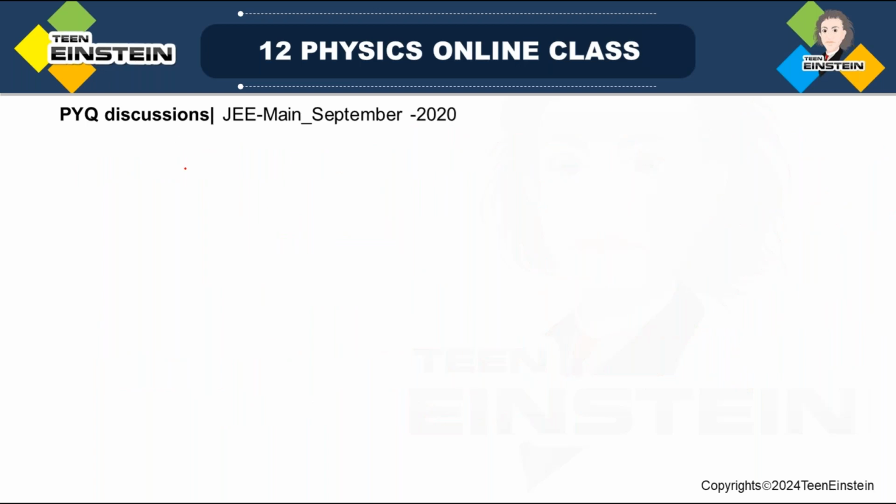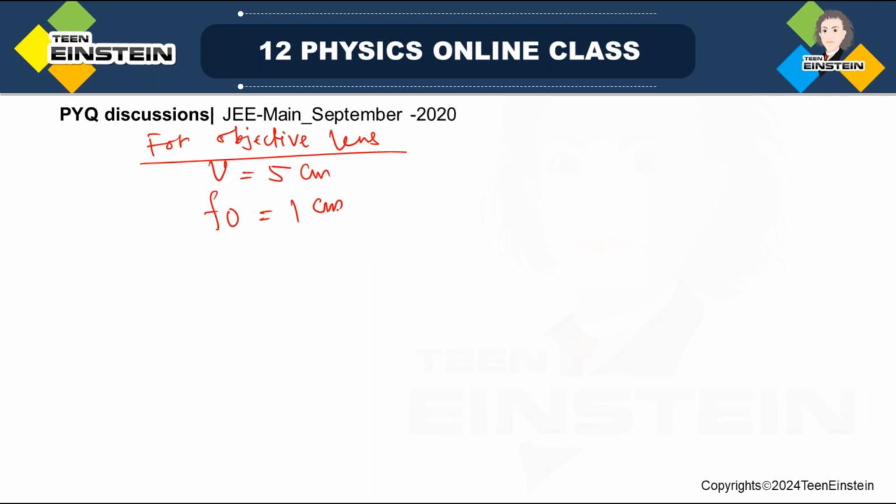So now we have V for the objective lens, which is 5 centimeter, and F_O is 1 centimeter.